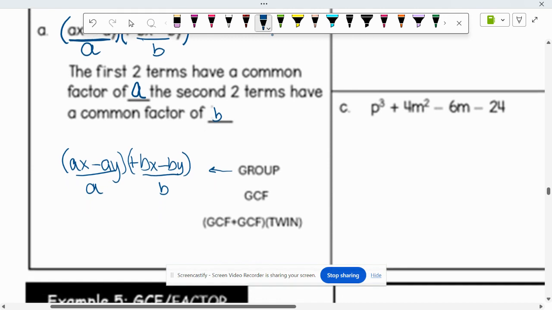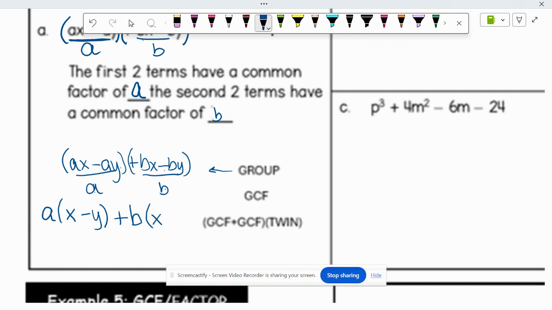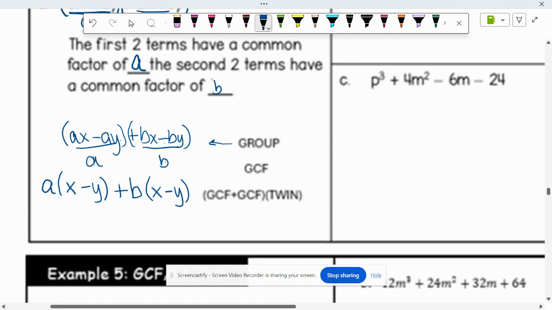So what happens when I take the A out of the first term? AX divided by A leaves me with X, and AY divided by A leaves me with a minus Y. The second term, I'm taking out a positive B. BX divided by B is X, and negative BY divided by B is negative Y. So I have to write my final answer as greatest common factor plus my greatest common factor.